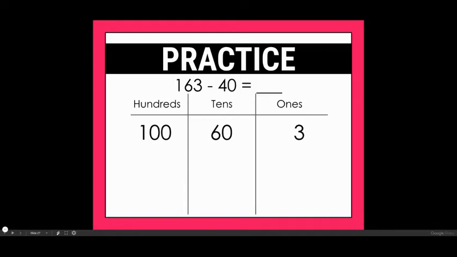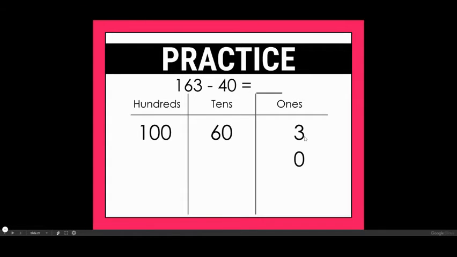Now my step 2 is to take away my subtrahend. And my subtrahend in this problem is 40. Remember, we always start in our ones. So thinking about 40, how many ones does it have? Well, it has 0. So I'm going to set this up as a subtraction problem.